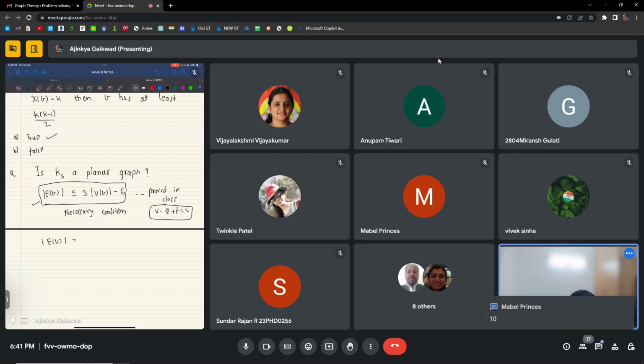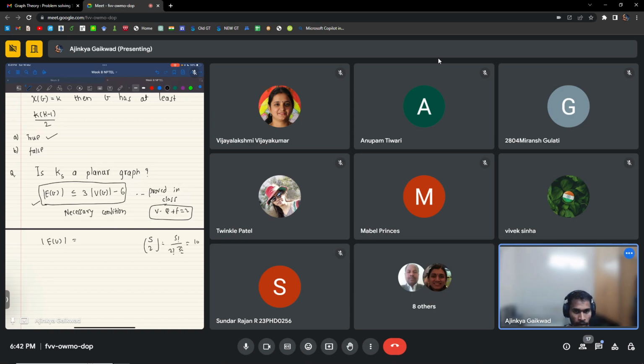You should be able to do this, because how do you construct a complete graph? You take 5 vertices and you make every pair adjacent. So the number of edges inside K5 is equal to the number of pairs of vertices. There are 5 vertices and a pair is 2 vertices, so 5 choose 2, which is 5 factorial over 2 factorial times 3 factorial.